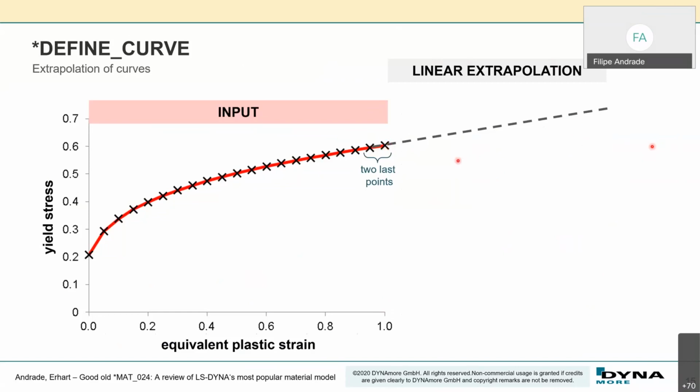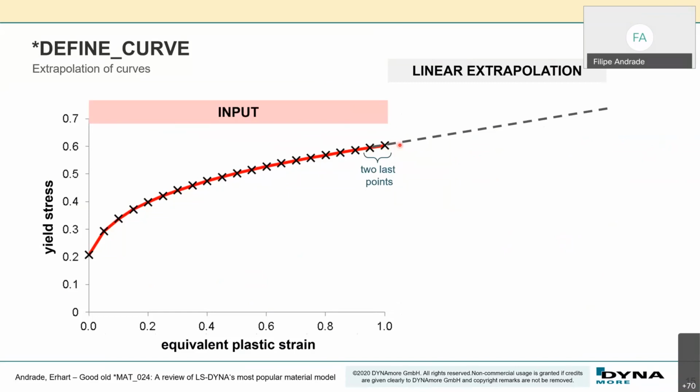So one good hint is to just add a little bit to the last plastic strain value, and then you get the horizontal as you want. This is a typical way of handling the extrapolation of curves.